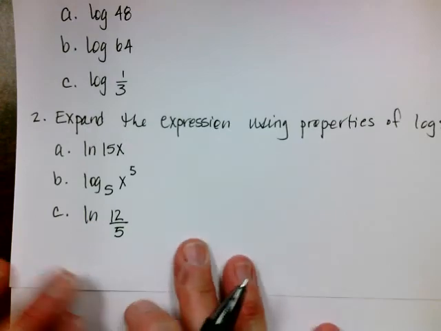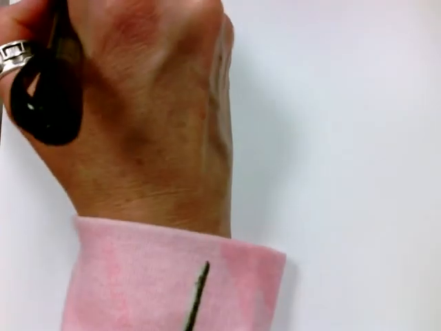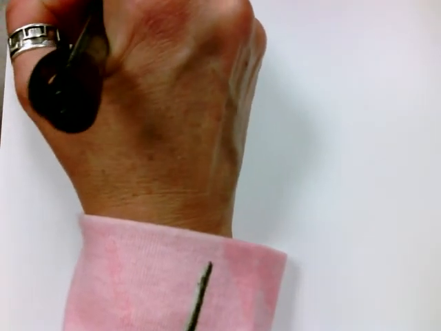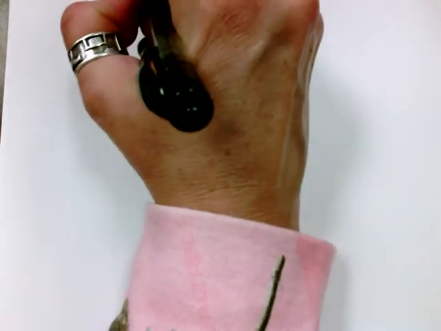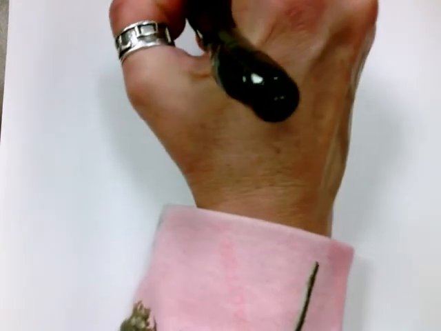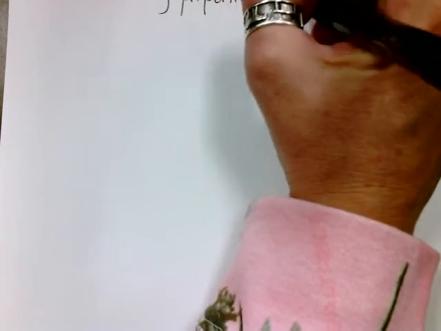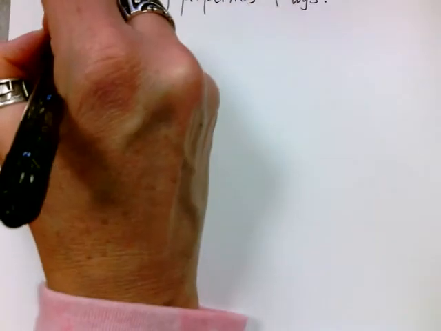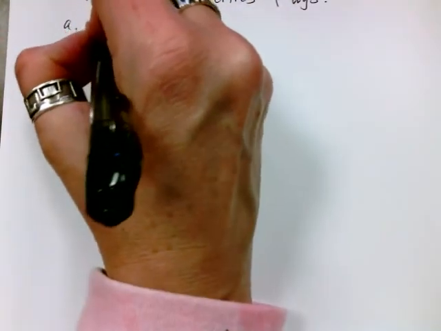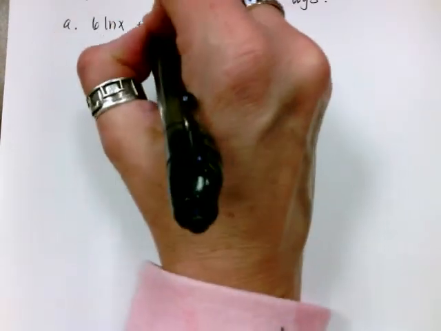All right, a couple more. Number 3 says condense using the properties of logs. A is going to be 6 natural log x plus 4 natural log y.